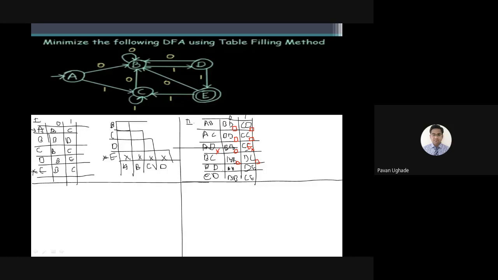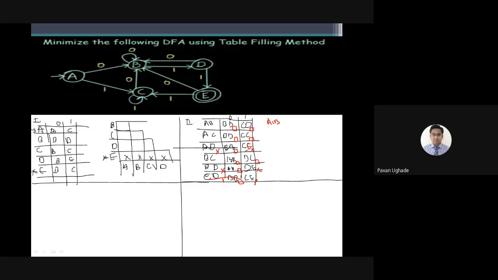Next, this is BB and this is DE, which is not. Next CD, this is blank, and this is not, so this is not equivalent. Now in step two, what we are getting is AB.